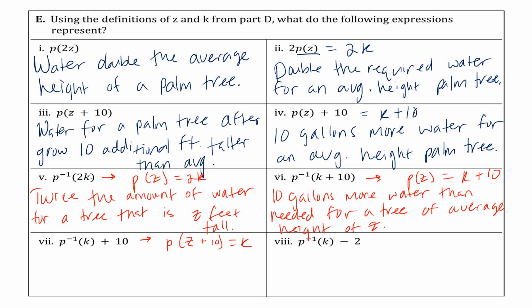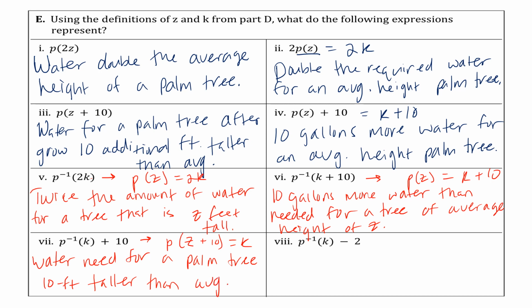So we're saying we're looking for water needed for a palm tree 10 feet taller than average. Notice that the wording is slightly different, and the reason why is just because we're interpreting the inverse, but we're using what we know it means to help us interpret.